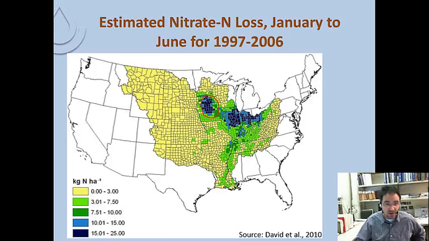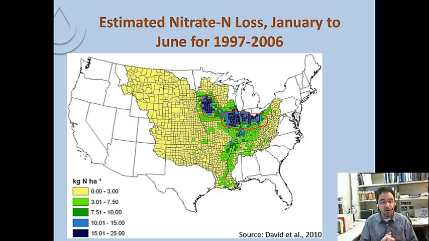Similarly, as we look at Illinois, Indiana, and parts of Ohio, we have a lot of drainage, we have a lot of row crop production, we have a lot of nitrate loss from these areas. So as we think about hypoxia, we're concerned about that nutrient loss. We think about our drained landscape. It can short-circuit that nitrate loss, short-circuit some of that nutrient loss to the stream.